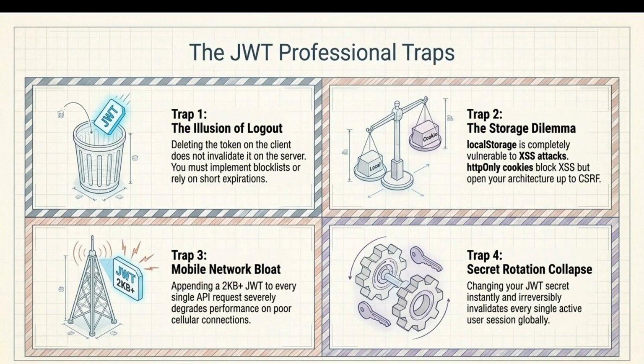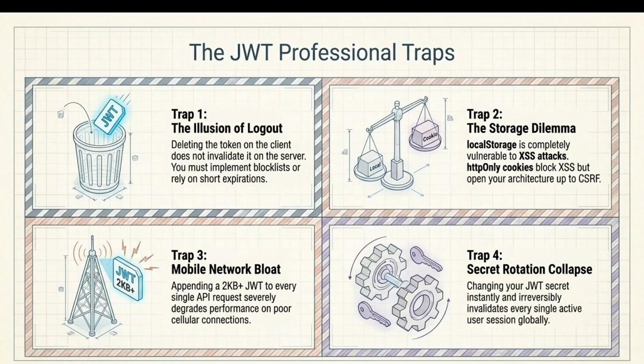For that case, the solution that has come up is that you will have to set a shorter duration and also keep refreshing the tokens so that existing tokens do not occupy the time. And the second trap is the storage dilemma. Local storage is completely vulnerable to XSS attacks. HTTP only cookies block XSS, but open your architecture up to CSRF.